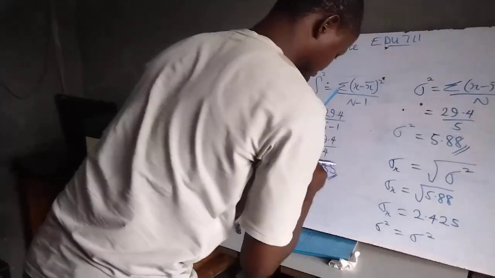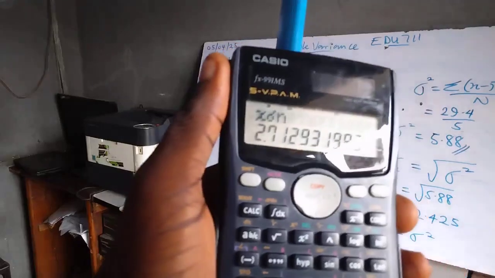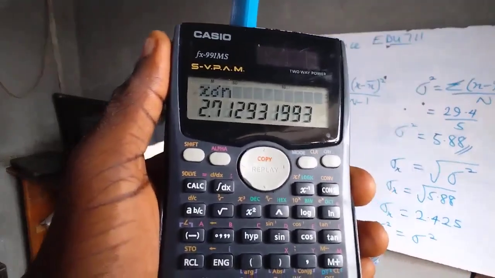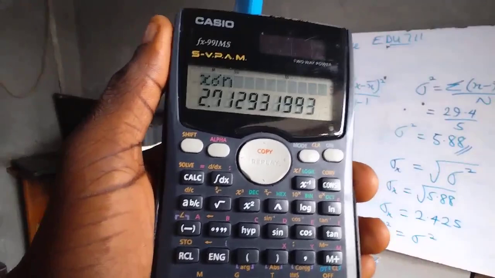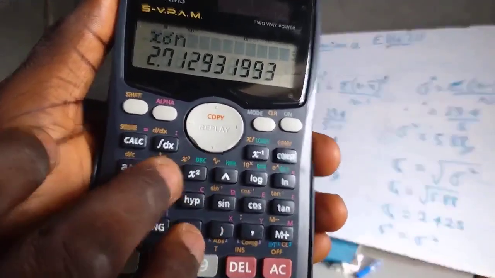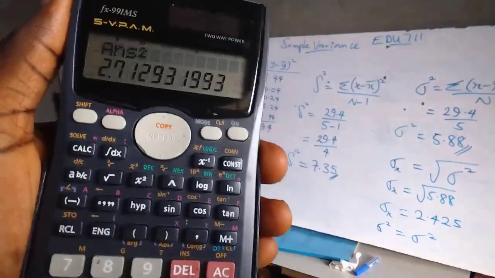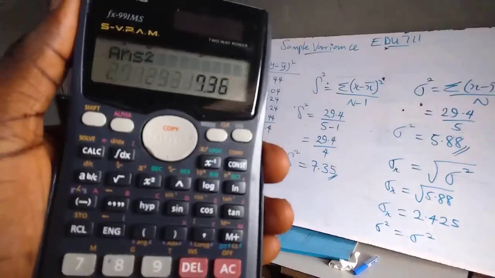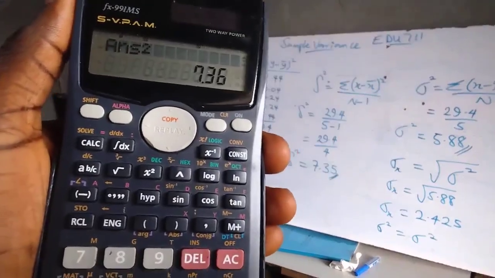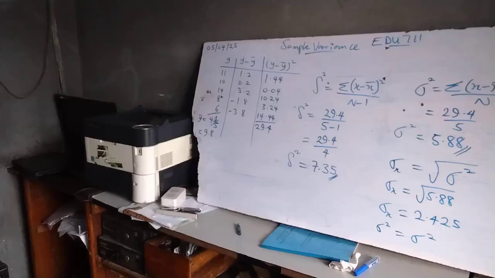So when you get your population standard deviation and you need your population variance, what you just need to do is to square your answer. Just press square. This is equal to 7.36.